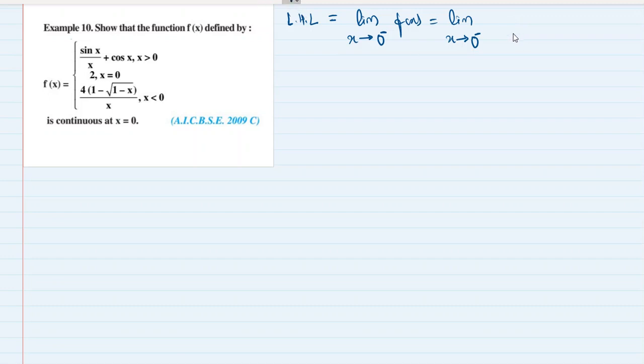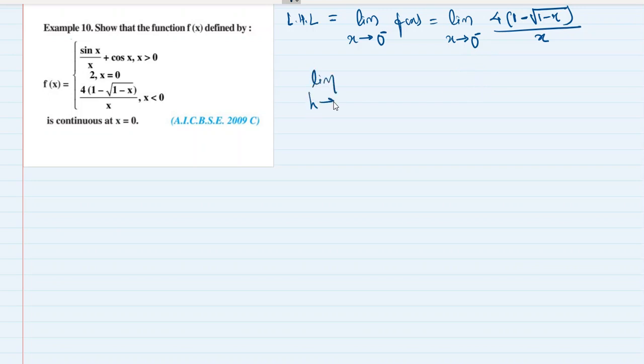When x is smaller than 0, that is 4 bracket 1 minus root of 1 minus x bracket close the whole upon x, x smaller than 0. Hey, we don't have to write that. Okay, now we will replace 0 minus with h to simplify it further.